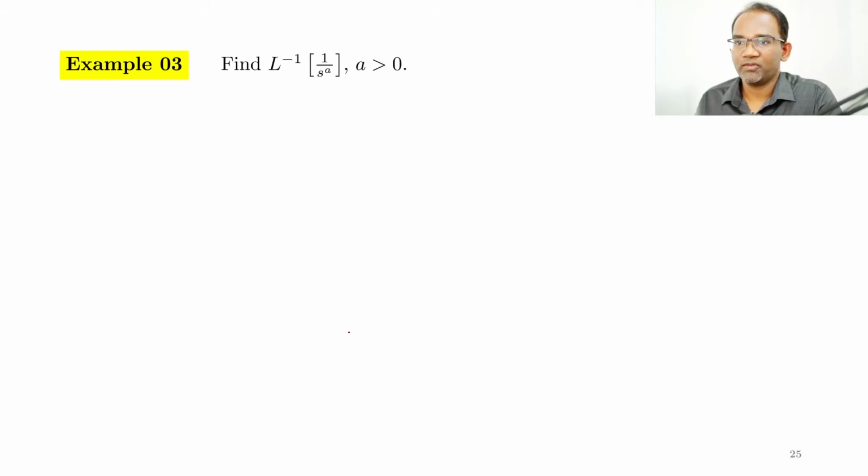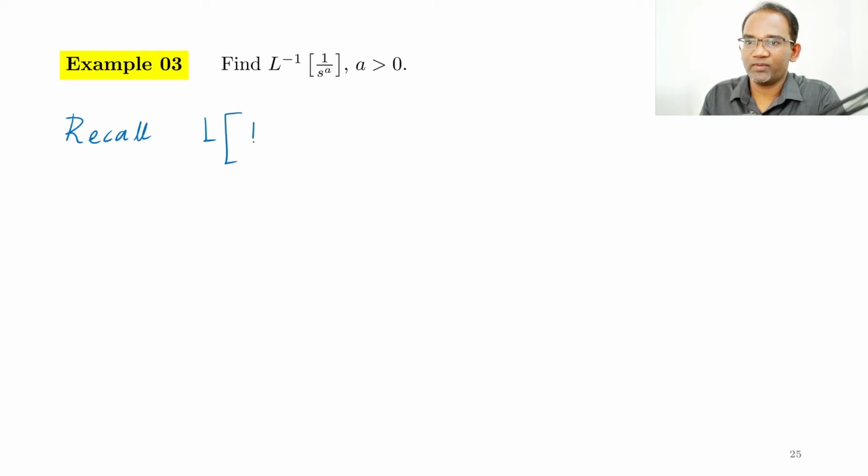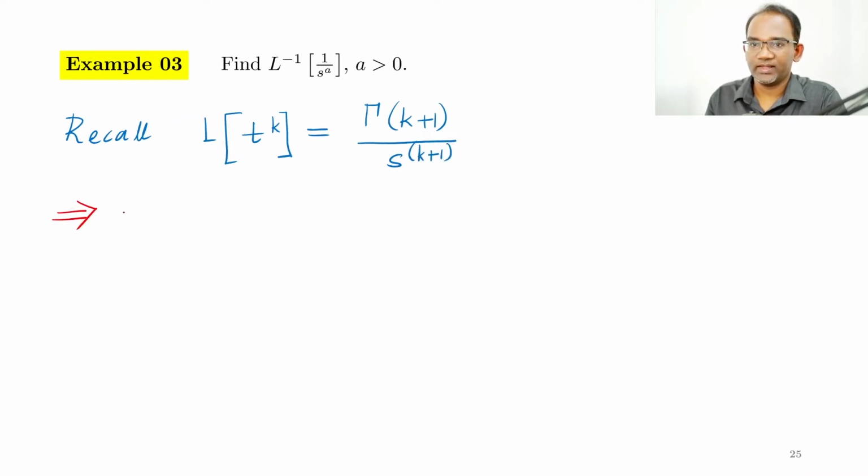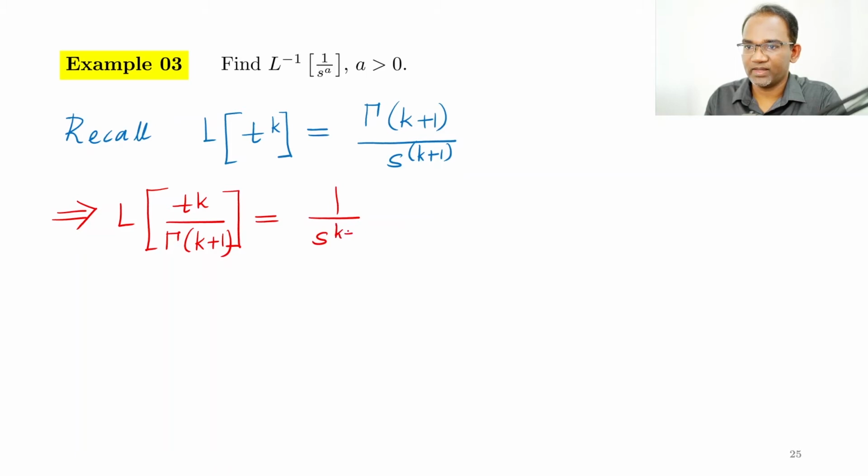Find L inverse of 1 over s power a where a greater than 0. To do this problem, recall that Laplace transform of t power k was gamma of k plus 1 over s to the power of k plus 1. And this gives us Laplace transform of t power k over gamma k plus 1 as equal to 1 over s power k plus 1.